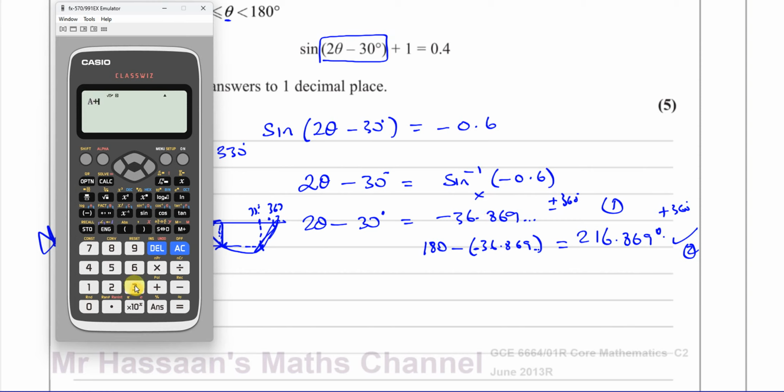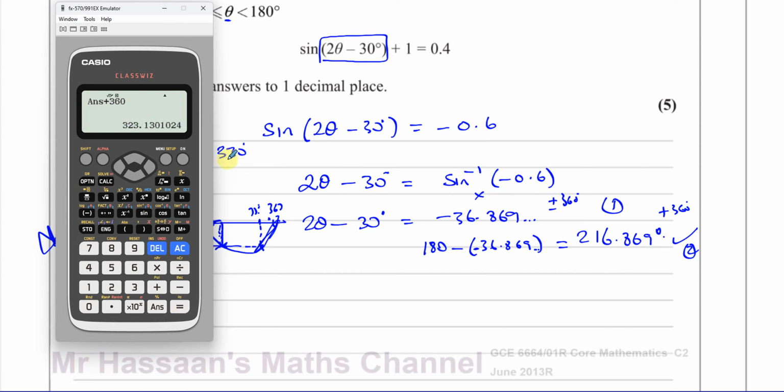If I add 360 to this, that's going to give me, whoops, what did I do here? One second. Recall A. I just saved the wrong one. Sorry, I messed up there. There's my answer. That's the answer we get. If I add 360 to this answer, what do I get?